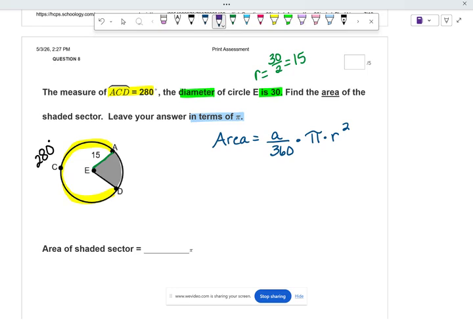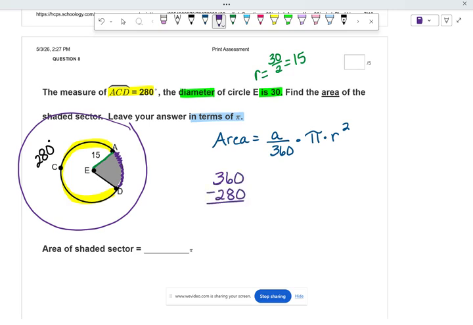So that's what we need to work on right this minute. We need to find the measure of arc AD. We know that a whole entire circle is 360. If we subtract 280 for the major arc, that'll leave us 80 degrees for minor arc AD.